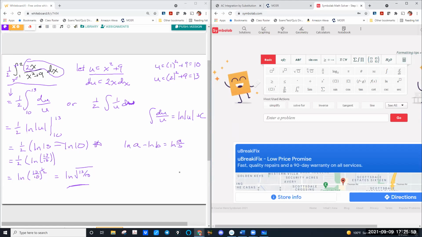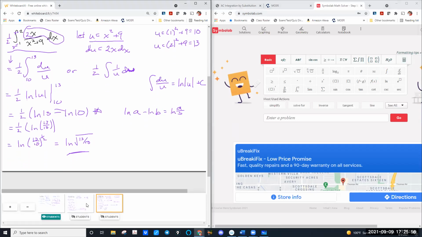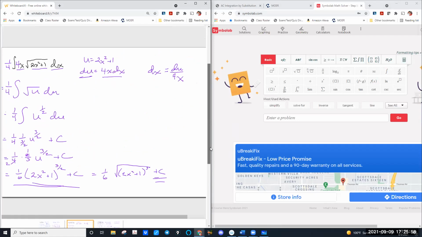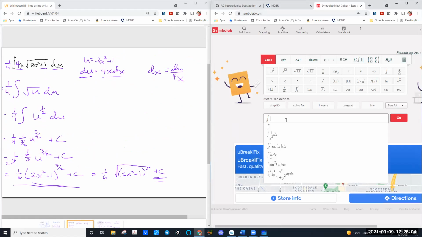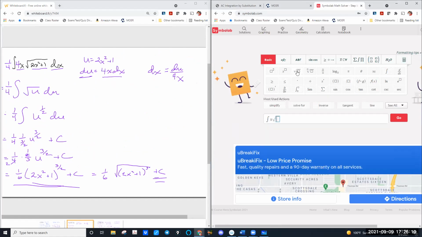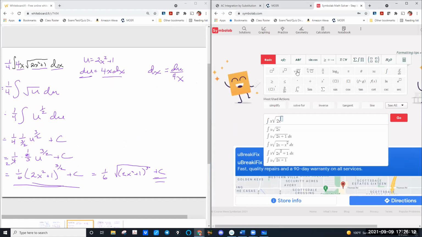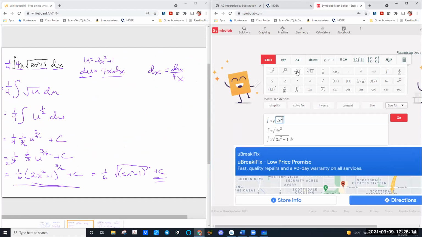So let's go back to problem B. We did the integral of x times the square root of 2x squared plus 1. There's our integral symbol, x, and then square root 2x squared plus 1 dx.